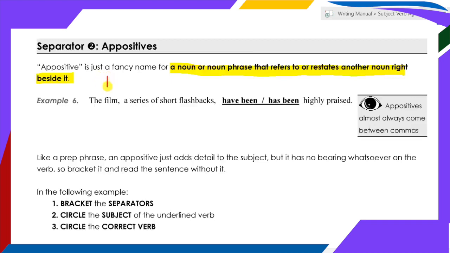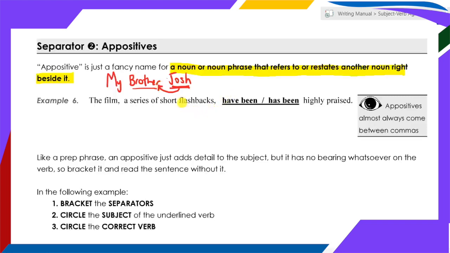When you say something like my brother Josh, notice that this Josh is just a noun that refers to or replaces brother. So Josh is an appositive. Josh is another noun that is renaming or replacing the noun right next to it. So like I said, you use appositives all day, every day of your lives.